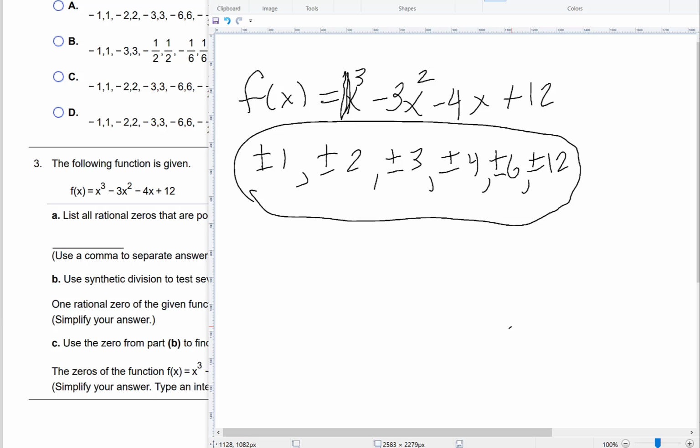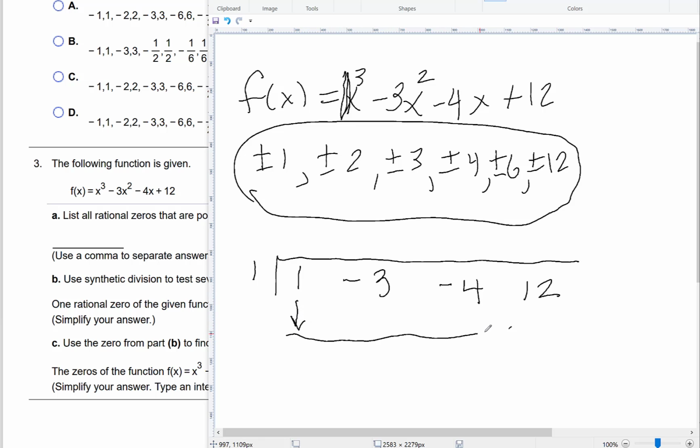So I'm going to start with 1. Remember, in synthetic division, you list all of the coefficients. You bring down the first number, then you multiply.